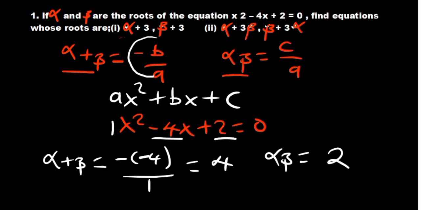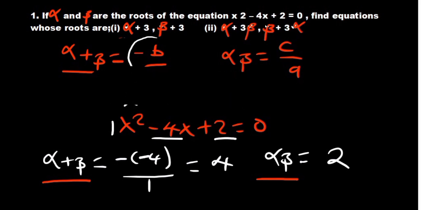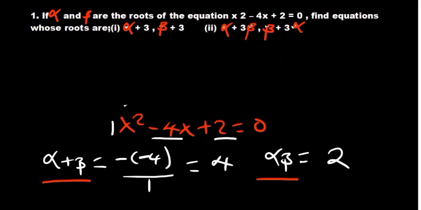Okay, so we found the sum as well as the product of alpha and beta. How do we find the new equations? To find the new equations, you need to multiply the new roots as well as add them. Then you'll be able to find the answer. I'll start with the addition of the new roots for the first part.